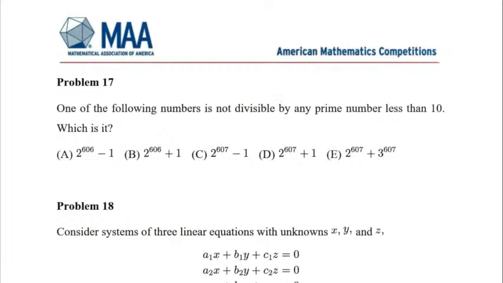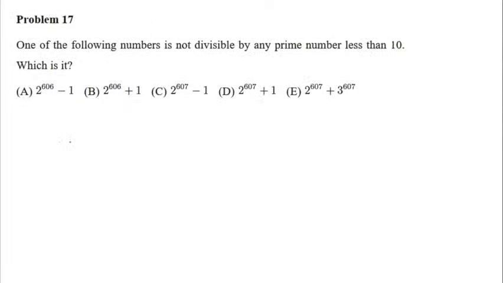So let's check them. Let's consider mod 2 first: all of them are odd. Mod 3: we have 2 to the 606 and 2 to the 607, and 3 to the 607 is 0, because it is a multiple of 3.